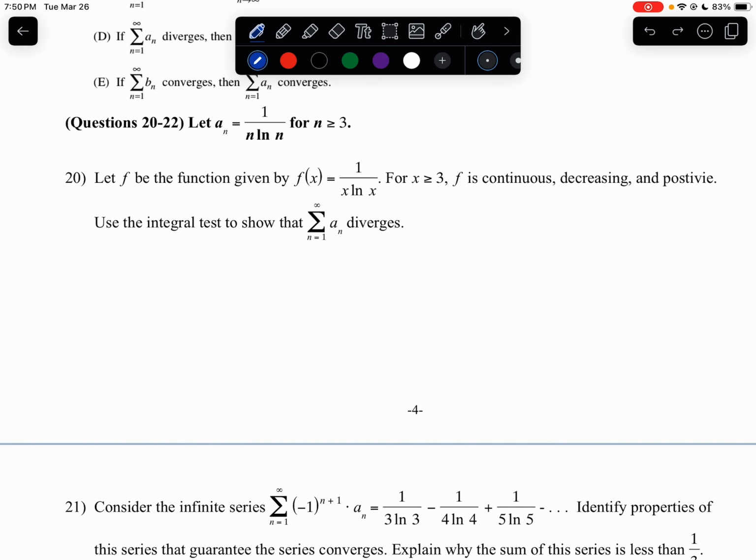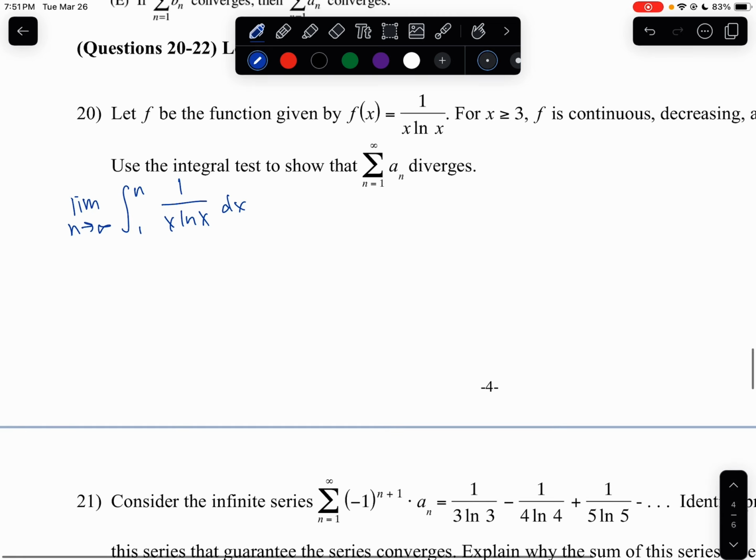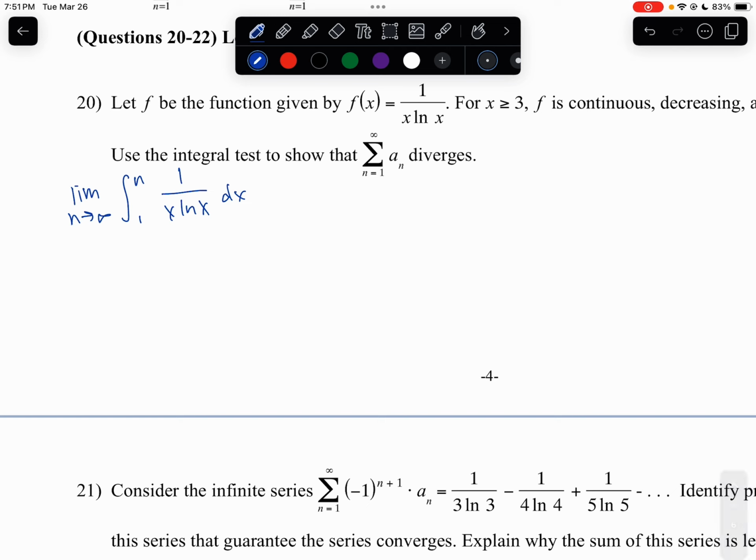Okay, that's easy. So we'll run the limit as n approaches infinity of the integral from 1 to n of 1 over x natural log of x dx. I'm going to use substitution. Let u be equal to the natural log of x. Du would be equal to 1 over x dx, so dx would be equal to x du.